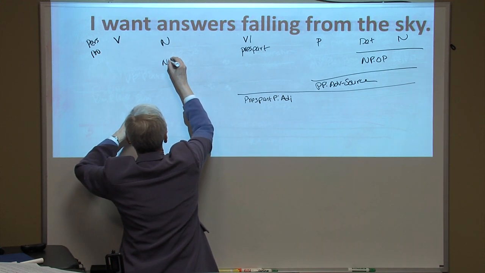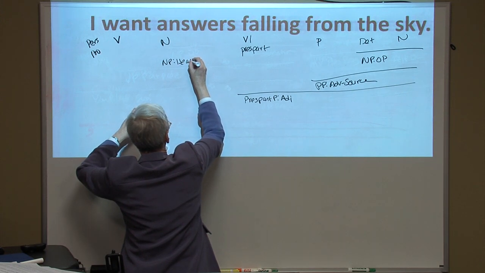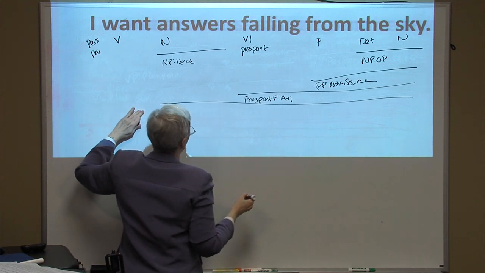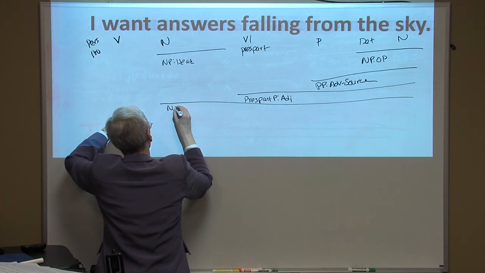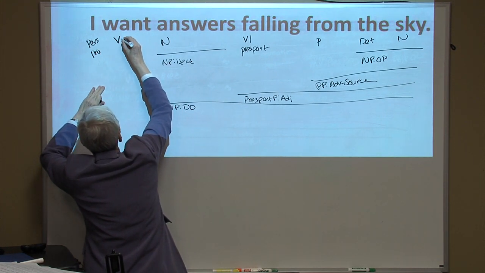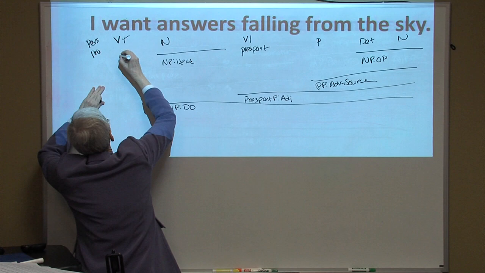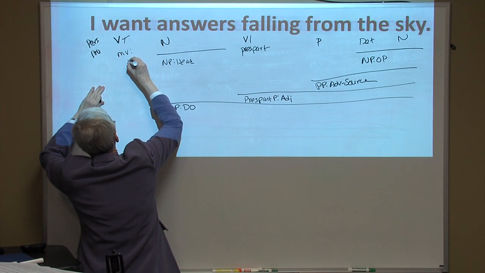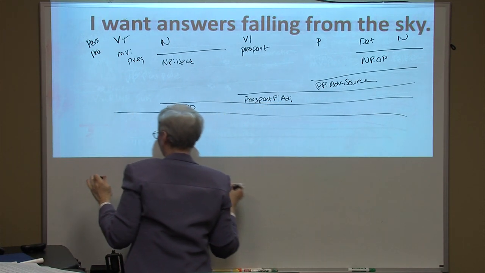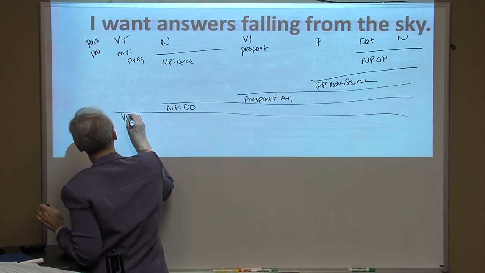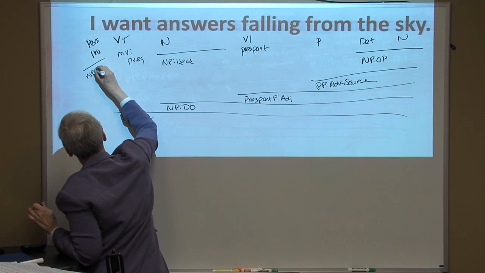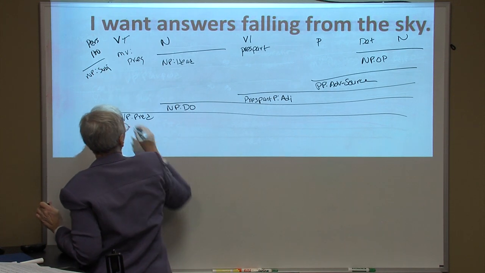And so answers is the head of the larger noun phrase, answers falling from the sky, that functions as the direct object of the transitive verb want. And we have a main verb in the present tense. And so here is our verb phrase functioning as predicate. And I, noun phrase functioning as subject.